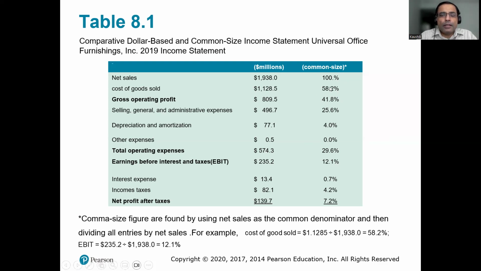We can keep these percentages the same, or we may modify some of them based on our expectation of different items. Maybe we have a different expectation for profit, different expectation for expenses in future, and we make certain adjustments.